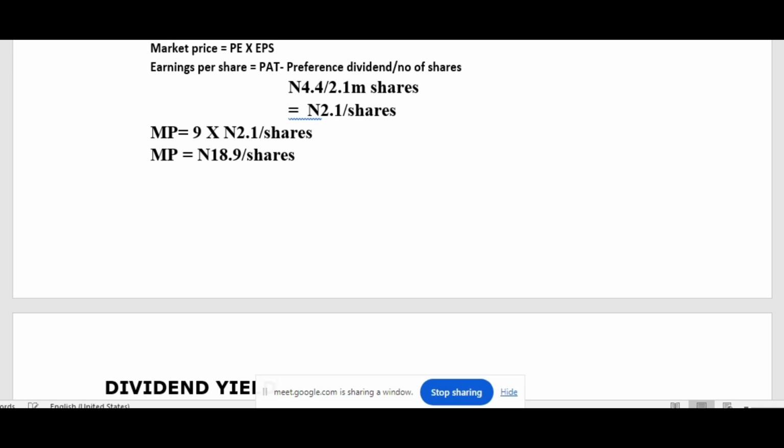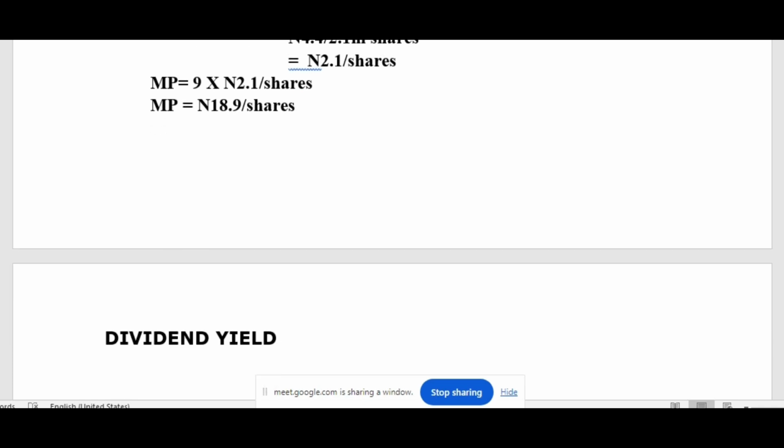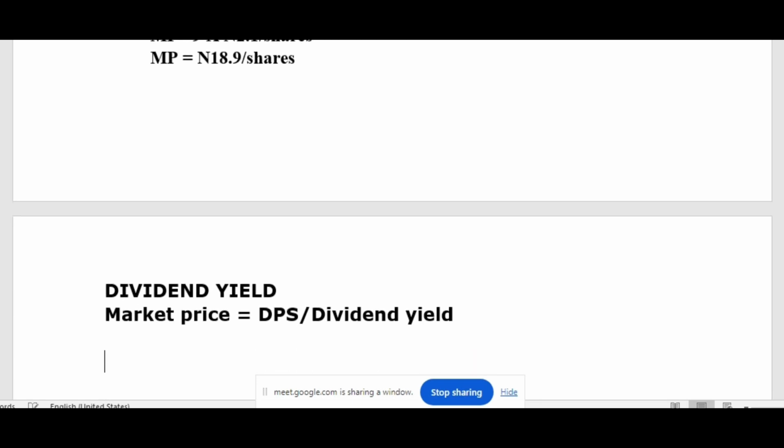Market price is equal to dividend per share divided by the dividend yield. This is DPS, dividend per share.